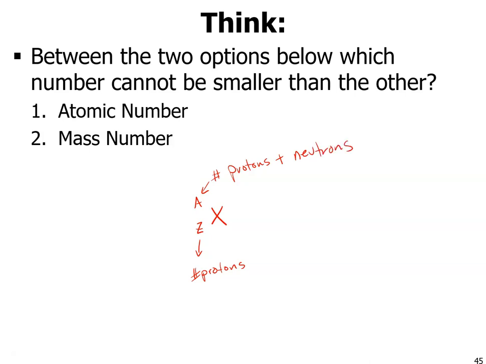So the number that cannot be smaller is A, because we're adding both of those together. Maybe you have 0 neutrons. It could be the same value, but it could never be less than Z.